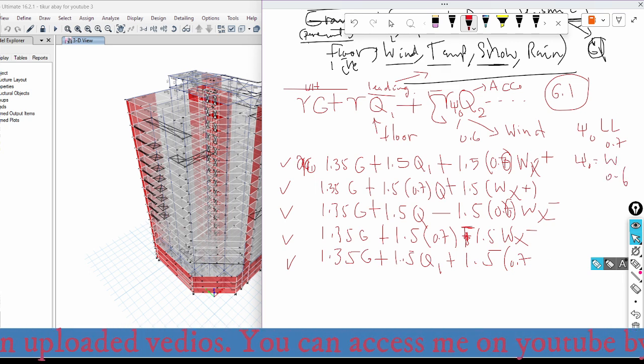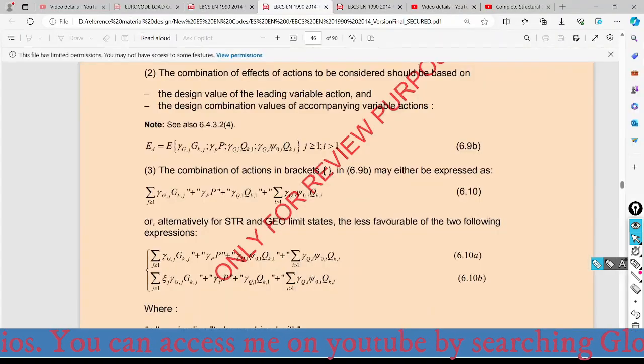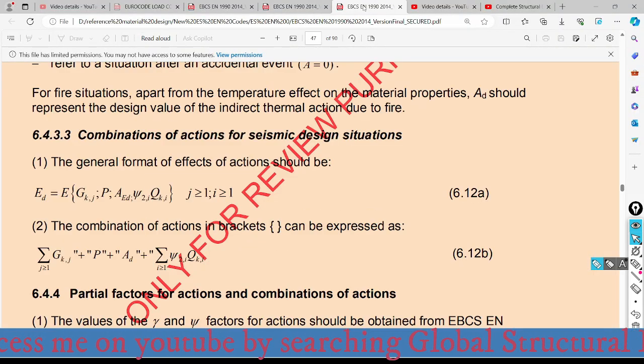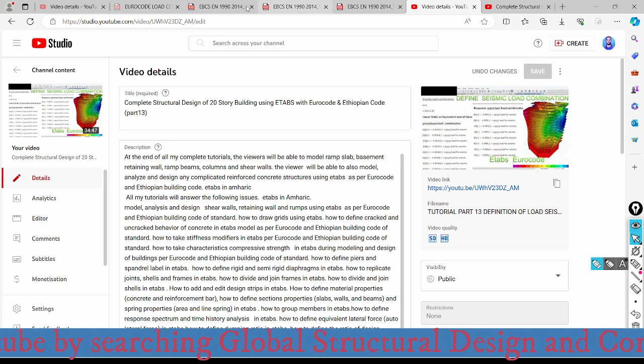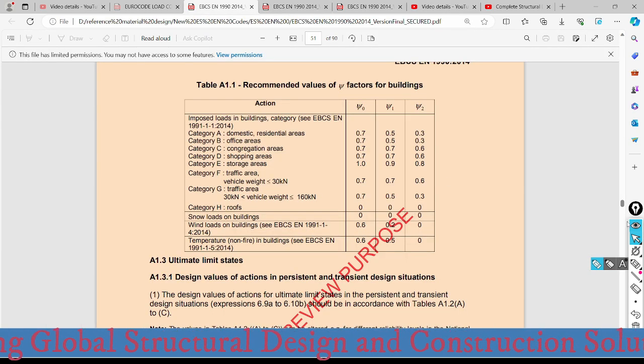How does it come? Just go to the Ethiopian Building Code of Standard, just here. For wind it is 0.6, for temperature 0.6, and for other floor live load it can be taken as 0.7, except for garages.